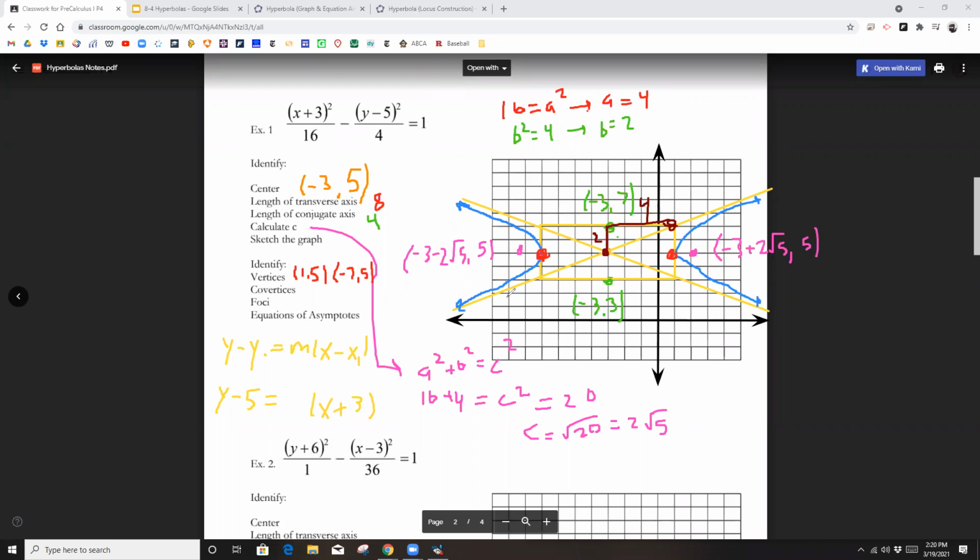So up 2, right 4. So 2 over 4 reduces to 1/2. Or if we do the other one, now we're going down 2 to the right 4. So it could be positive 2 over 4, which is 1/2, or negative 2 over 4, which is negative 1/2. All right, so you can write both equations of the asymptote as one, as y minus 5 equals plus or minus 1/2 times x plus 3.